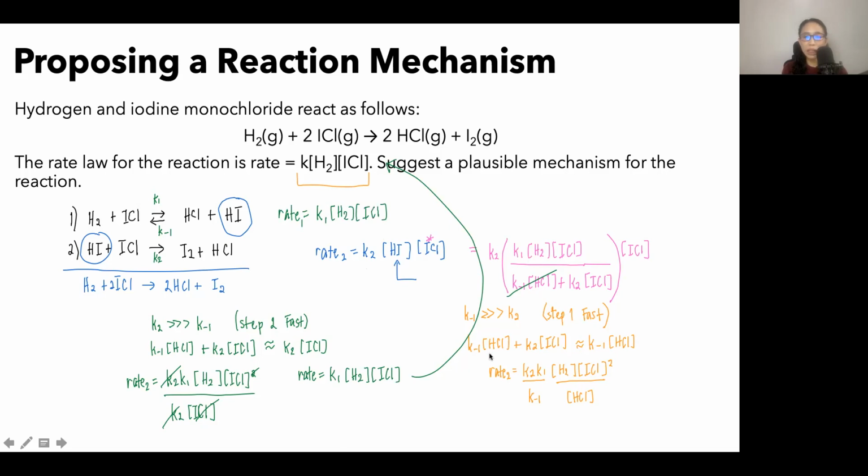So you can say right away that the rate law for the first step equals the experimental rate law. Hence, we say that the first step is the slow step followed by the fast step. So this is an acceptable reaction mechanism. Okay?